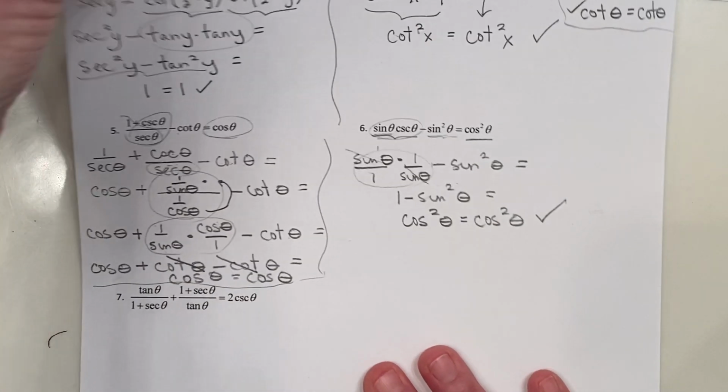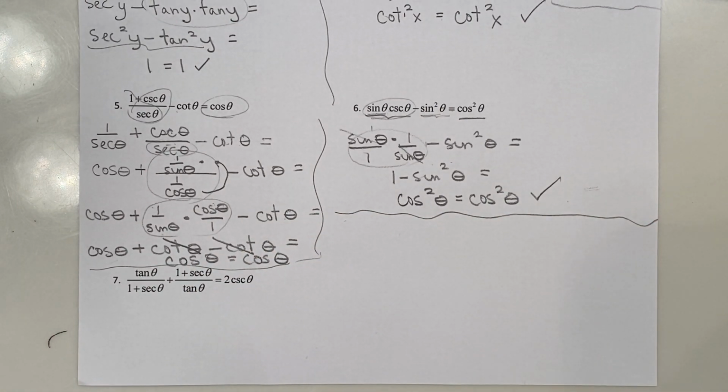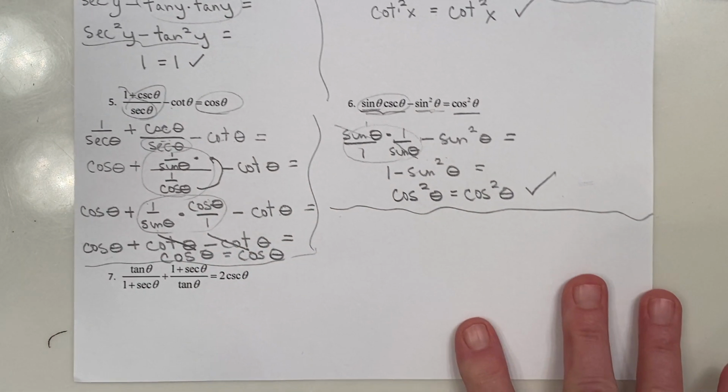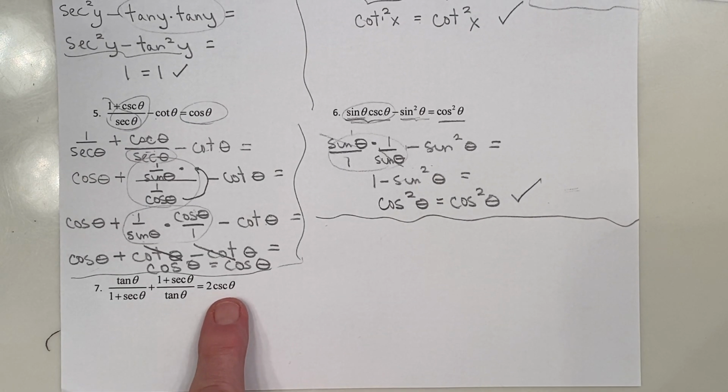Whew, looks pretty complicated. This is our longest one too. We're going to need all this space here. All right. Definitely going to work on the left side, trying to make it look like 2 times cosecant of theta.